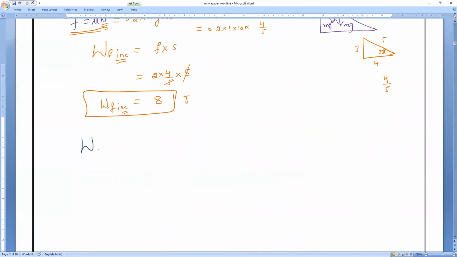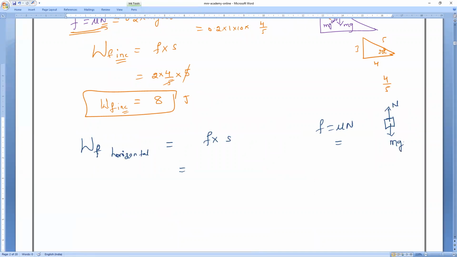So the work done by frictional force. I hope everybody is able to catch the point. Work done in horizontal is again the same formula, force into displacement. Now force is mu into N. What is N? N is the normal. Only mg, sir.